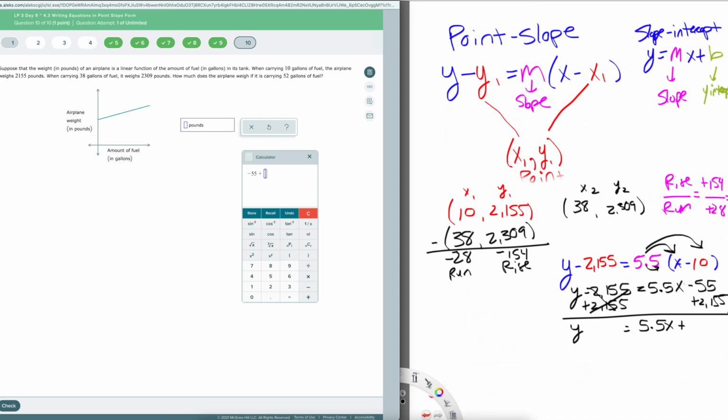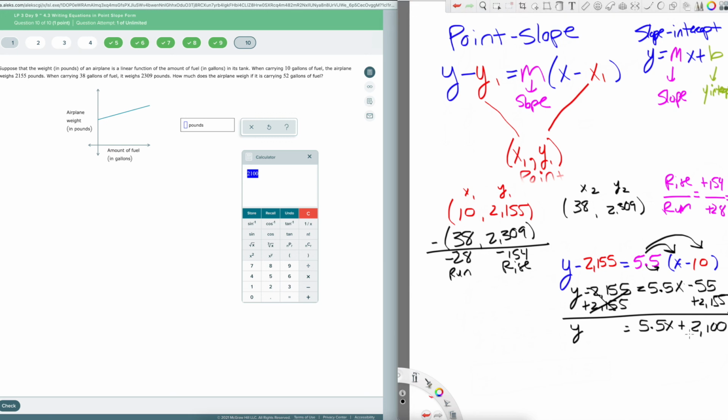Because there were 55 on here, so 2,155 minus 55 is 2,100. So now here's an equation in slope-intercept form. So I could have used this one, I can use this one. It just depends on which one you prefer to use. I just went ahead and simplified, but I could have started plugging in from this one. This is a legitimate equation right here.